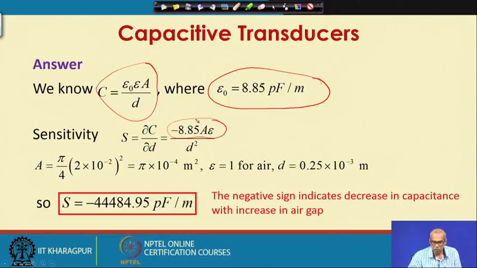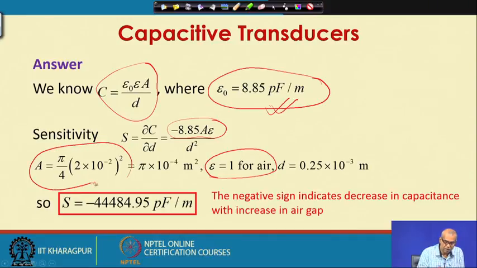Epsilon is 1 or 1.0006 for air; epsilon 0 is for vacuum, and this is for air. A can be computed as pi d square by 4.